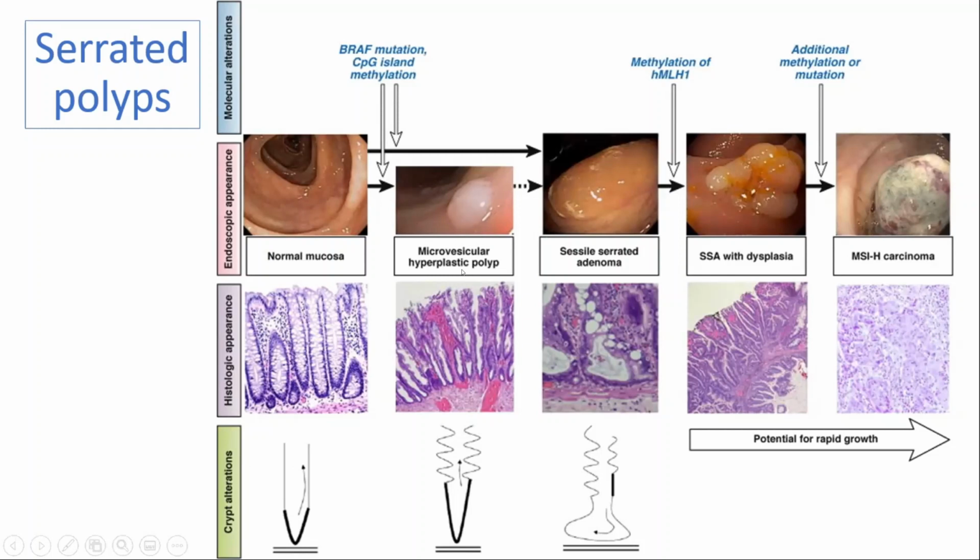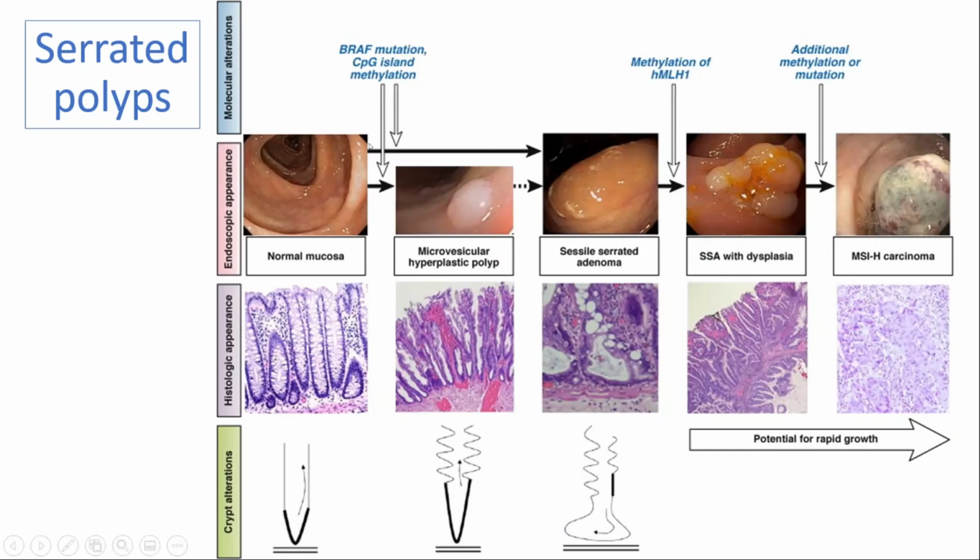But sometimes hyperplastic polyps can grow larger and bigger, and they can have some mutation which will predispose them to dysplasia and later carcinoma. That's why I don't want to discuss this simply as neoplastic or non-neoplastic, because serrated polyps can have this progression to carcinoma.